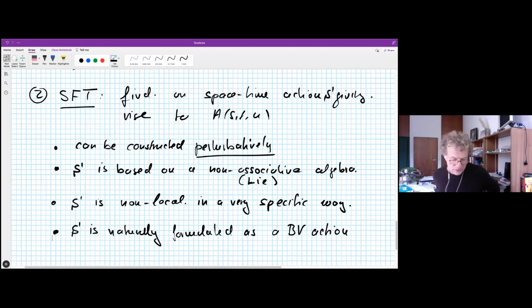Usually, a BV action means that you take a gauge theory with a gauge redundancy. You gauge fix the theory using the BRST approach, and then you find that there would have been another way that you could have done the whole BRST approach even before gauge fixing. Rather than introducing BRST charges and BRST ghosts, you could say, I do this from the very beginning and gauge fix later.